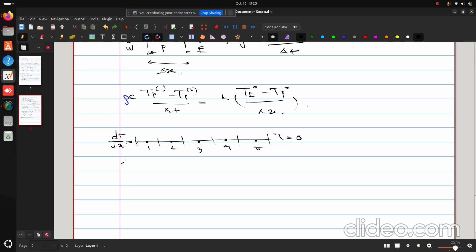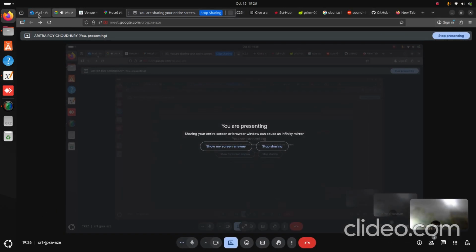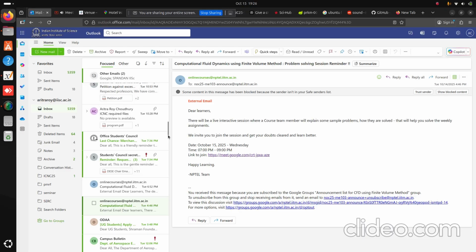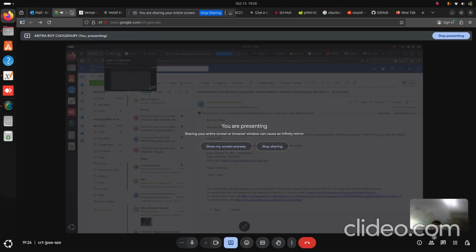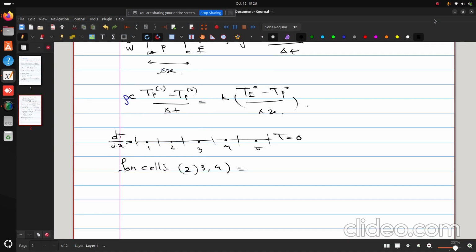So for cells 2, 3 and 4, this will be the equation.